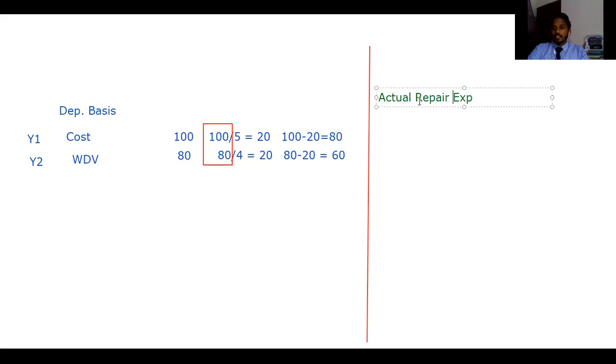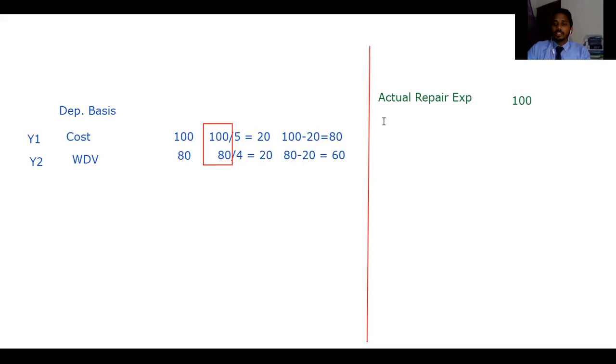Let's say actual repair expenses is 100 million. We can't deduct this entire 100 million because we need to do the adjustment based on the WDV, under the section 14 adjustment.